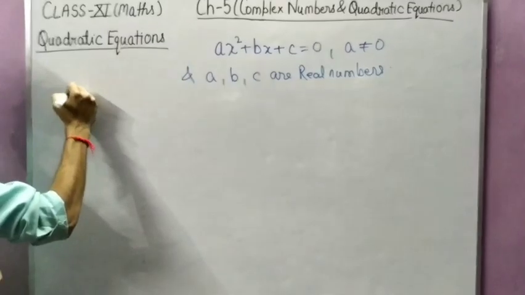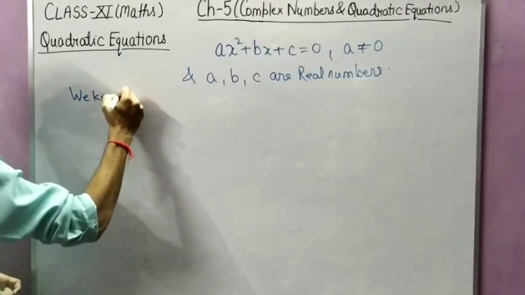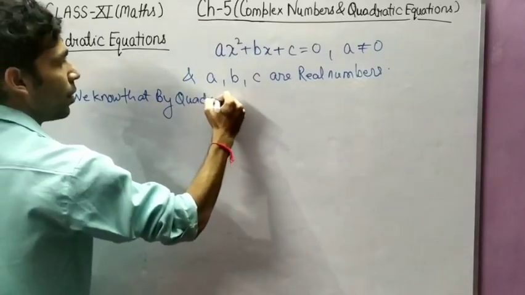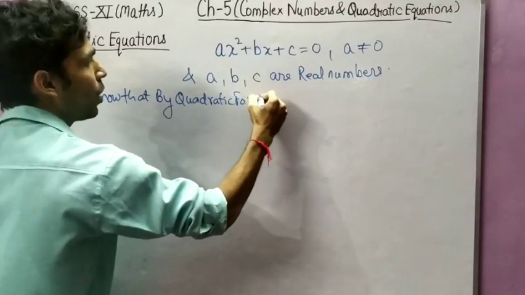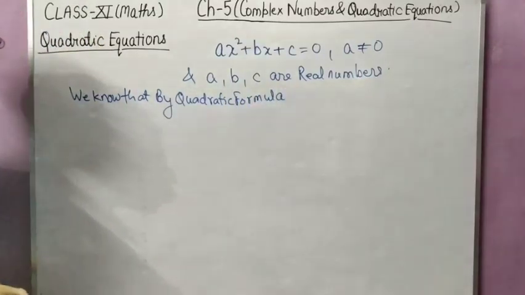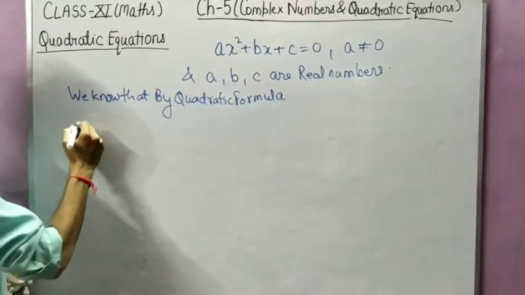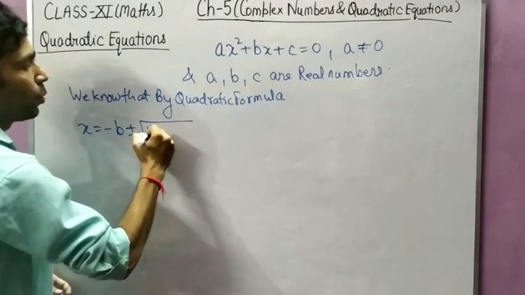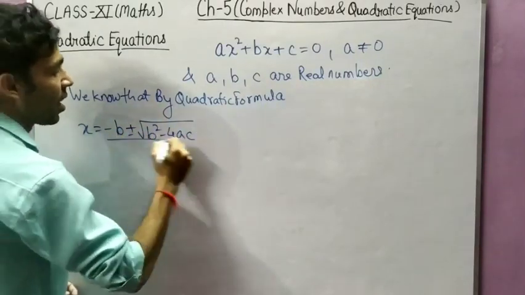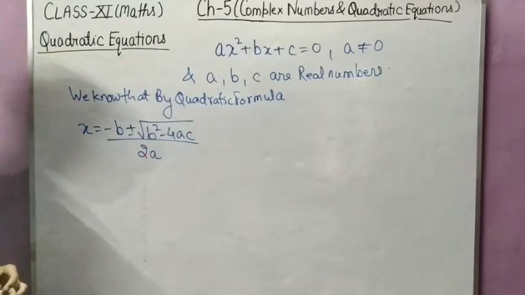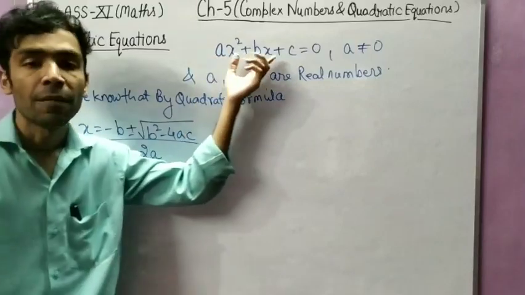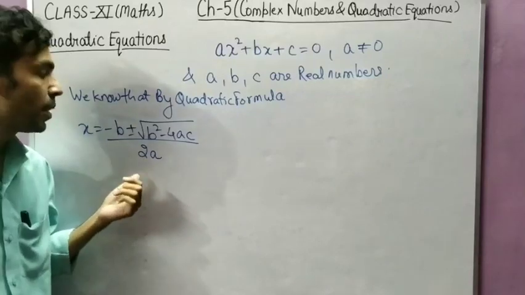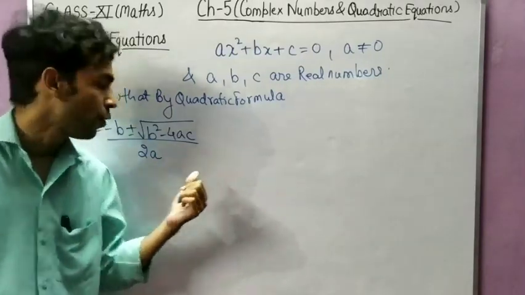So we know, by the quadratic formula, and this formula is also known as Sridharacharya formula, I told you in class 10th, the value of x can be calculated by the formula x equal to minus b plus minus under root b square minus 4ac upon 2a.